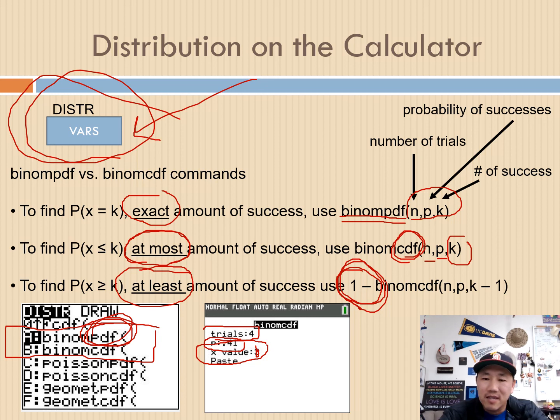Pick the CDF, and then pick the number of trials, pick the probability of success, and then 1 less. This is important: 1 less than what they wanted. So yes, 1 less than the amount that they want. Then push enter, and you should have the answer.